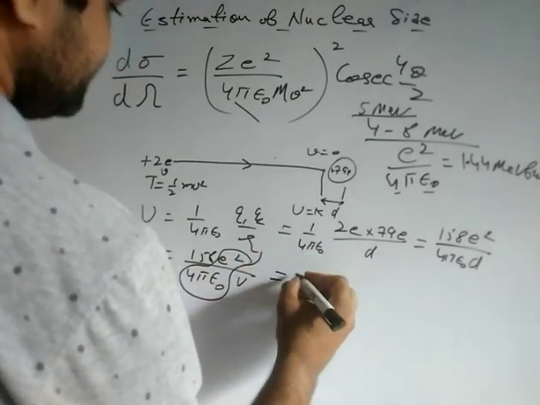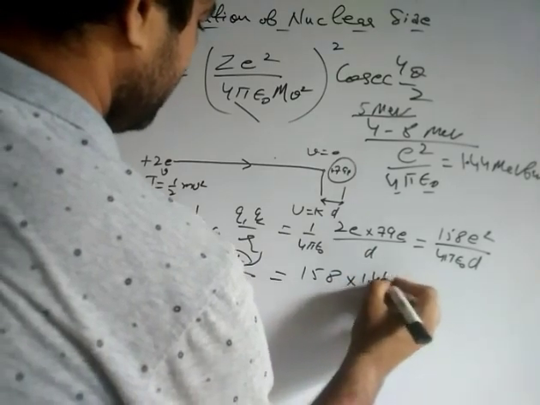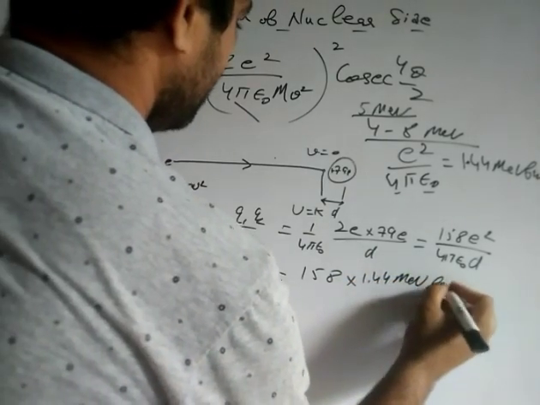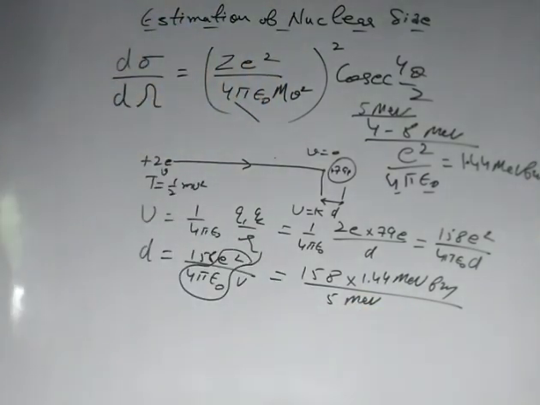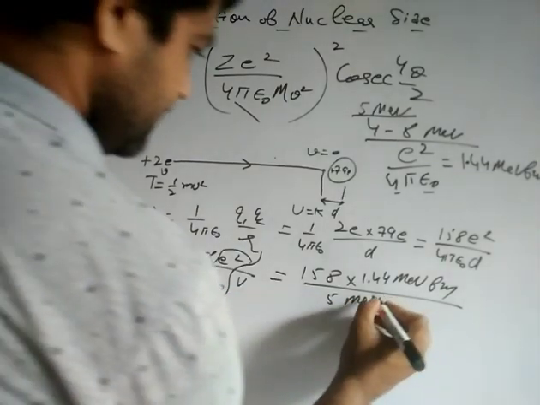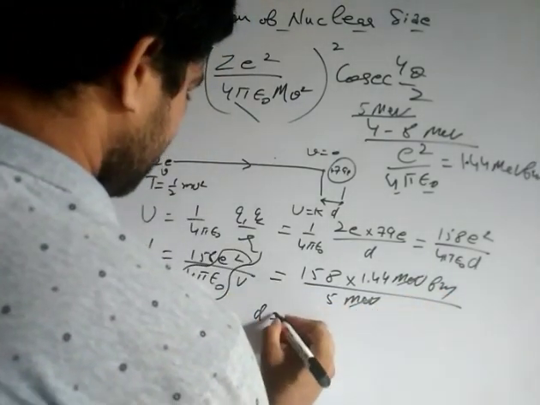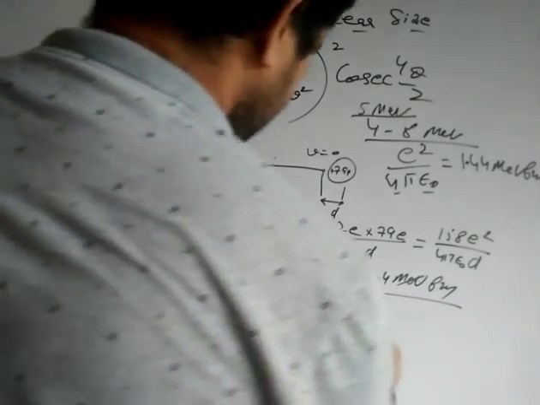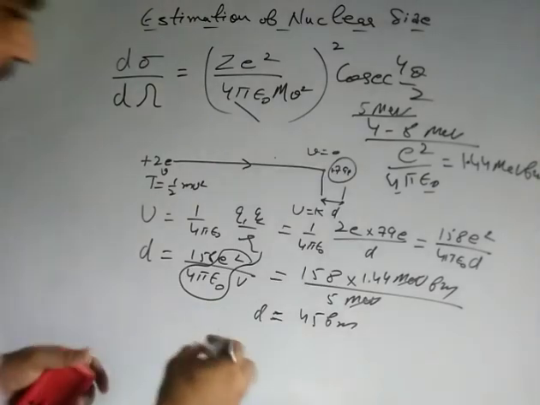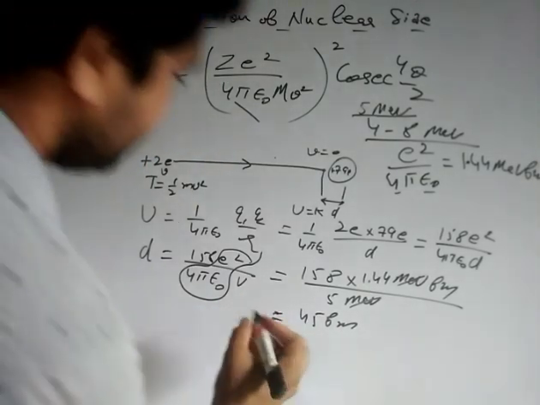This is 158 into 1.44 MeV femtometer upon 5 mega electron volt. When you simplify this, MeV cancels out, and d will be approximately equal to 45 femtometer. So this is the rough order estimation of the nuclear size by using the Rutherford scattering formula.